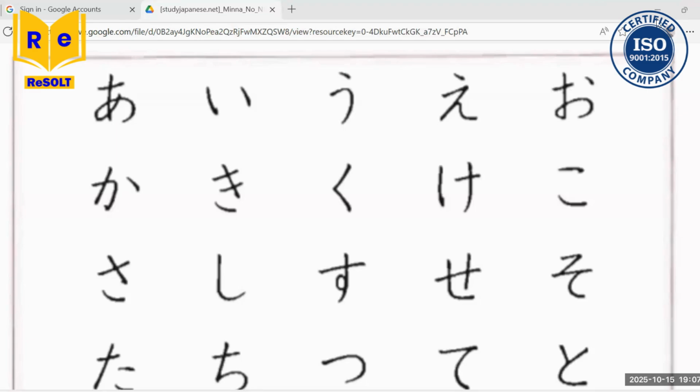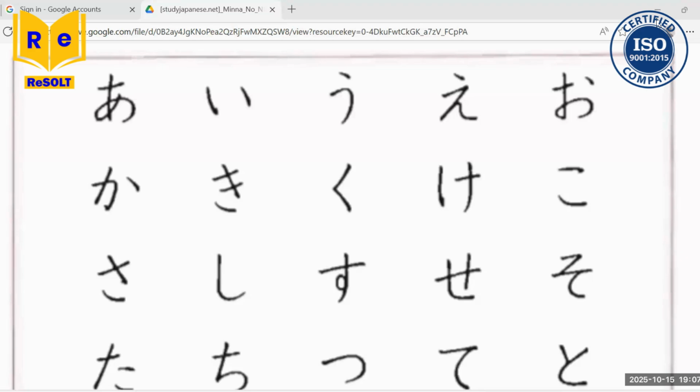So now we can start making words. What will this be? Can you read? These are three letters. Ma'am, your voice is not coming properly. Okay, so these are three letters. What is this word? Can you read?